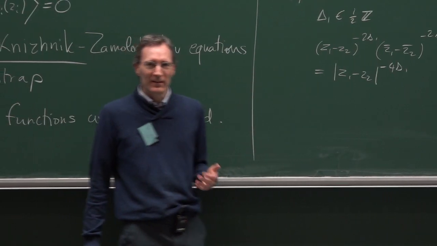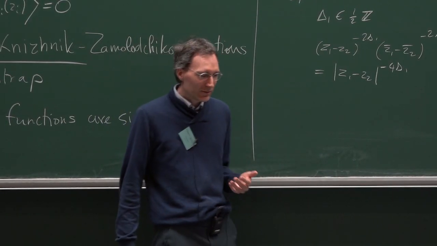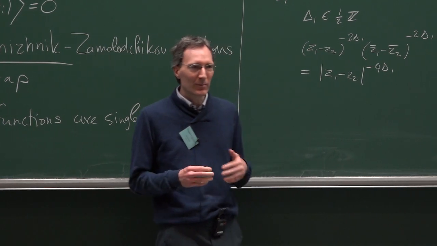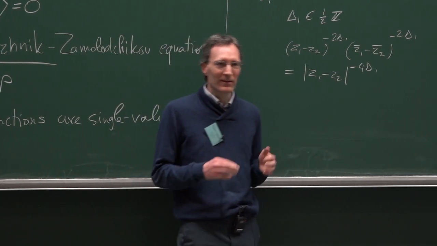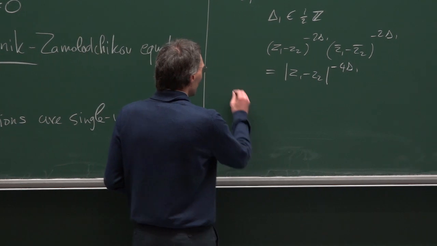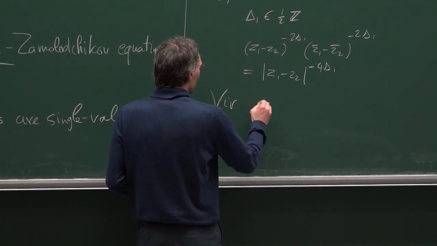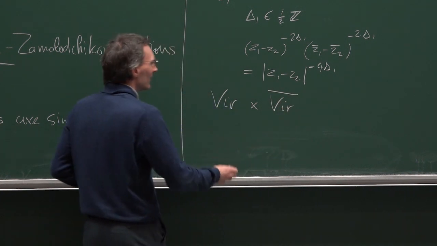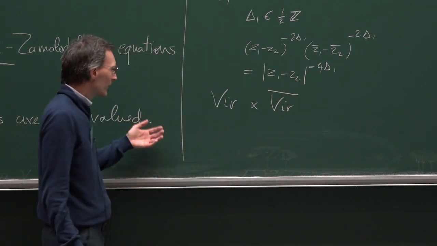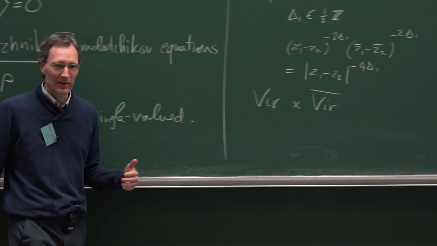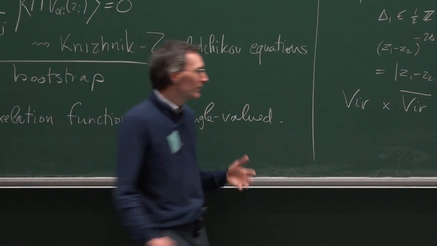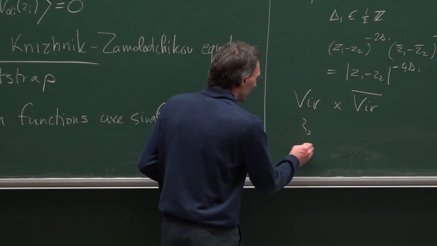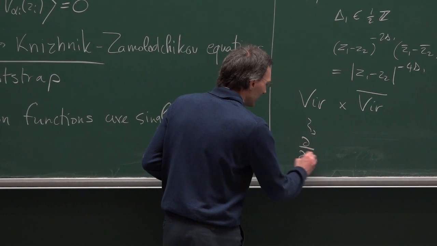And to do that, I will assume that my symmetry algebra is not just the Virasoro algebra, but two copies of the Virasoro algebra. So I would have a Virasoro on the left and a Virasoro bar on the right. Virasoro on the left is what we have seen until now, and it gives you differential equations of the type d by dz.